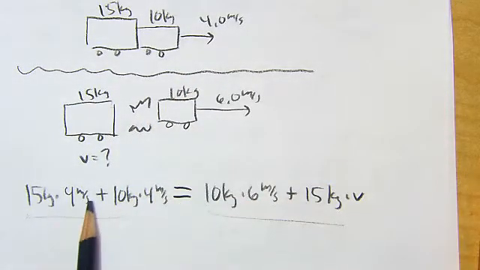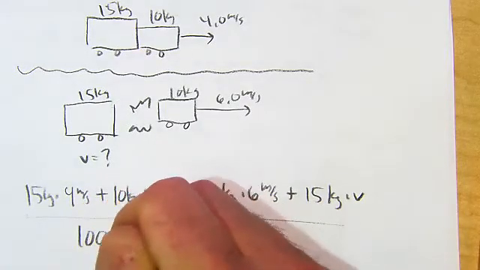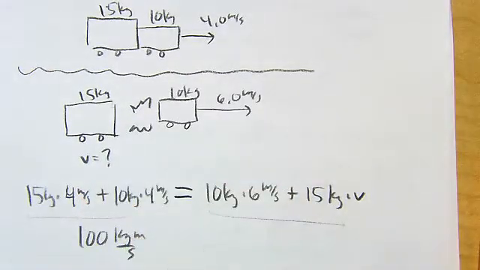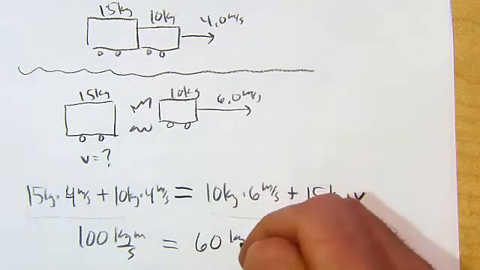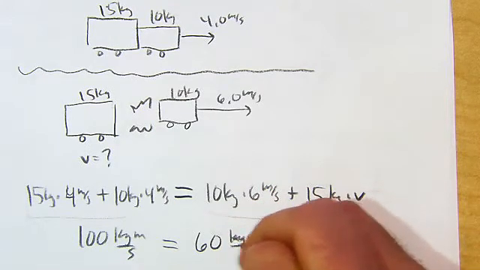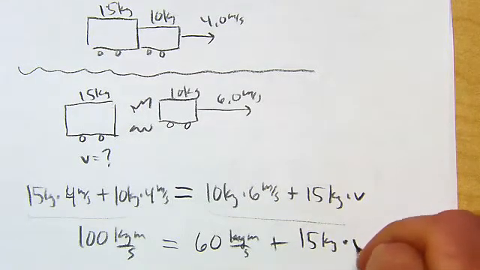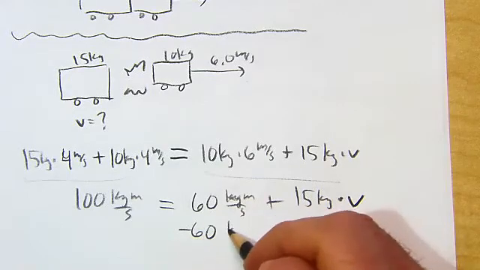What do we got here? 60 plus 40, 100, I think. 15 times 4, 60, yep. Equals 60 kilogram meters per second plus 15 kilograms times V. It's just an algebra equation. We can minus 60 on each side.